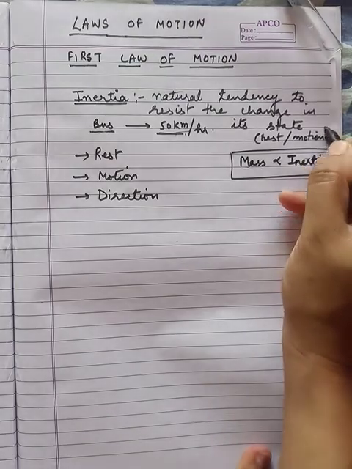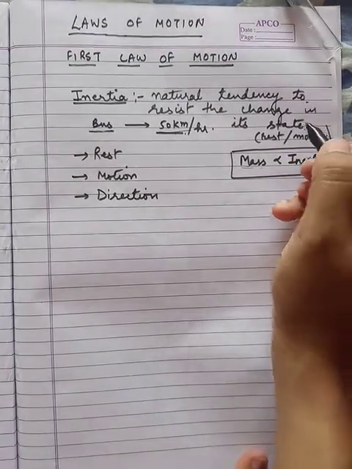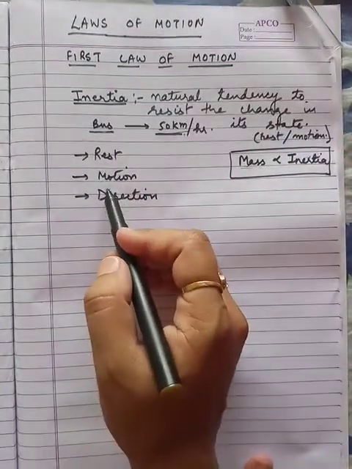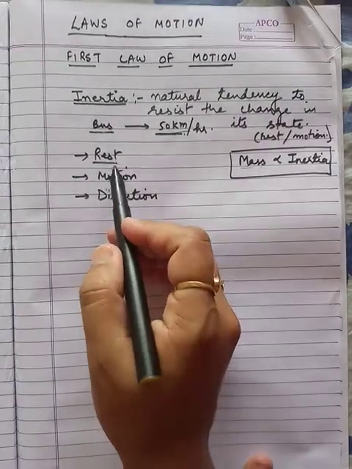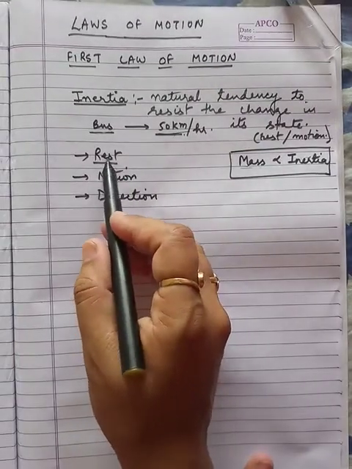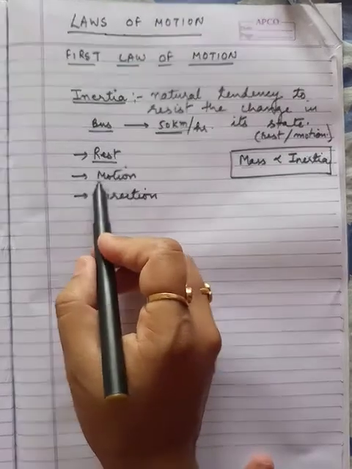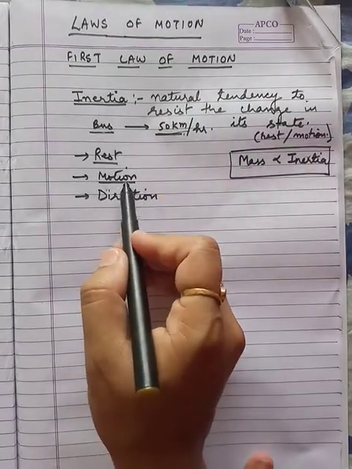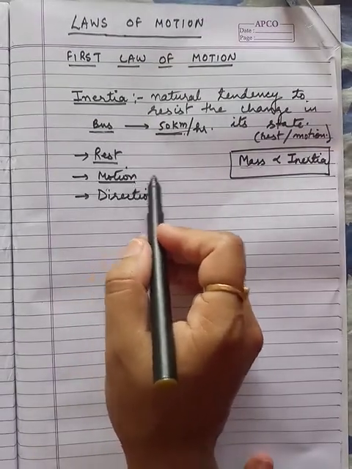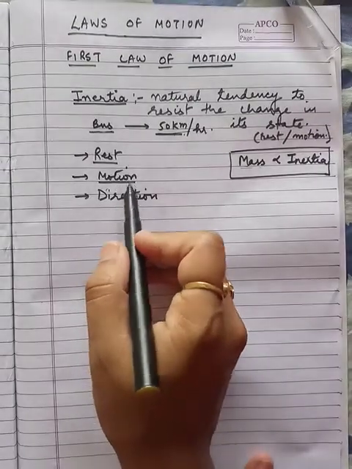Any state it can be. Fine. So we have three kinds of inertia. Inertia of rest means if any object is already at rest, it will try to remain at rest. Inertia of motion means if any object is in motion, then it will try to remain in motion with the same speed.